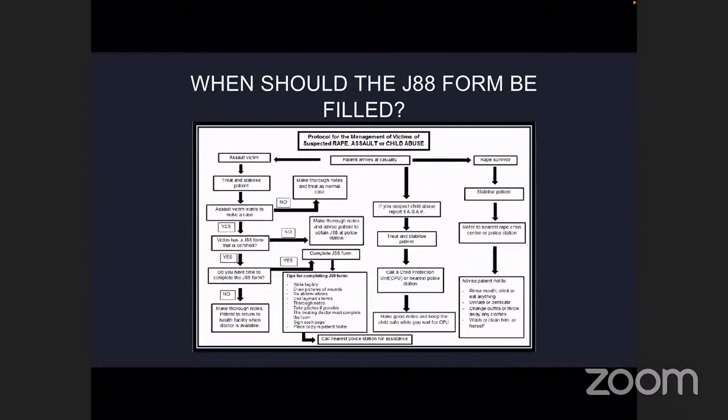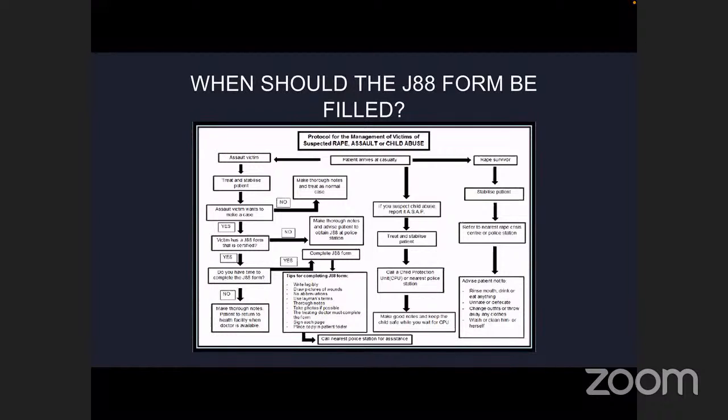The next slide just briefly goes through when the J88 form should be filled in regards to a timeline. So when a patient arrives at casualty, they will need to be triaged and assessed as either an assault case, a child abuse case, or a rape case. In the case of an assault, firstly, our job would be to treat and stabilize the patient.